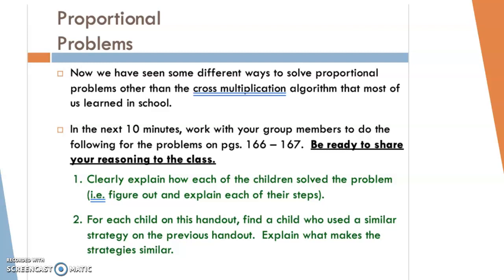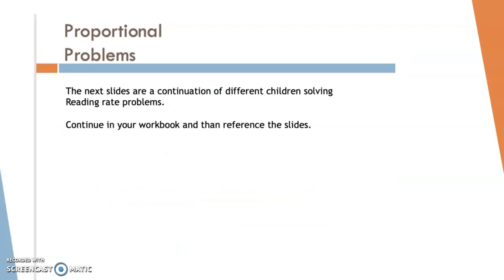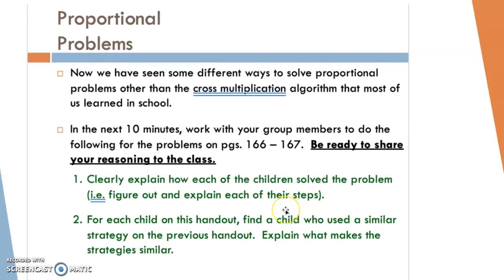Okay. Think about how each child is solving the problem. Okay. And then you can continue with the following slides. So this video is going to conclude, but the rest of the slides, which there are 9, are going to walk you through the different solutions that the children came up with.